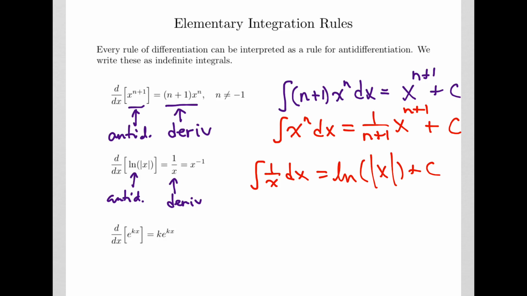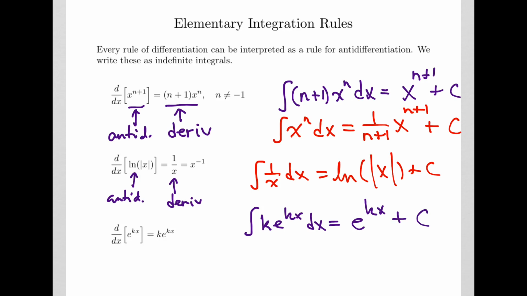Okay. And our third example, we know how to differentiate e to a power of a constant times x. I get e to the kx times the derivative of kx, which is k. And again, if I write this as an integral, the integral of the derivative dx will recover the original function e to the kx plus our constant.